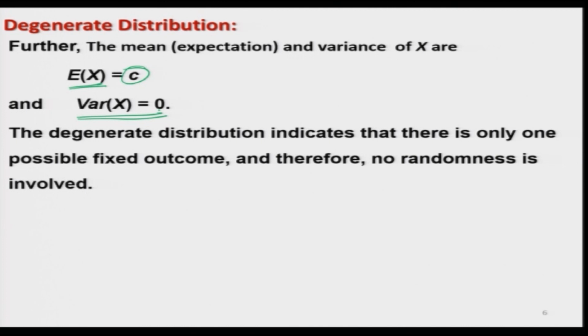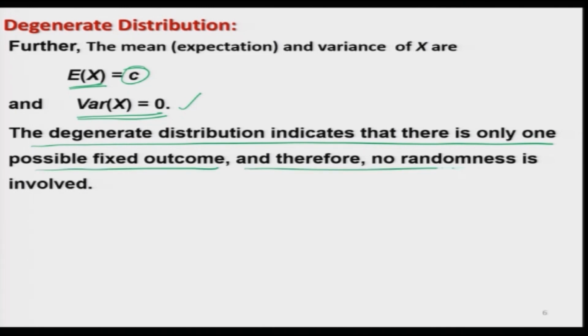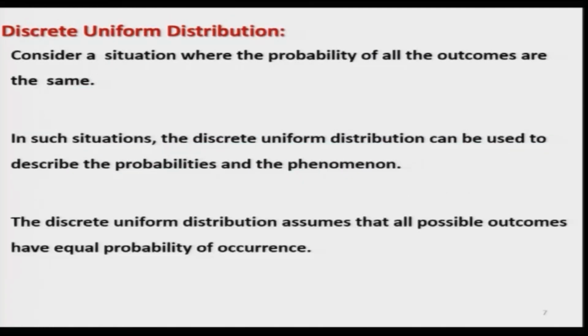That means that there is no variability; it is taking only one value at x equal to c, right. And in that case the entire probability is concentrated only at one point. So, there is practically no randomness. That is what is indicated by this expression, variance of x equal to 0. Right. So, this degenerate distribution indicates that there is only one possible fixed outcome, and therefore there is no randomness involved. So, you can see here this is also indicating the same thing that you expect.